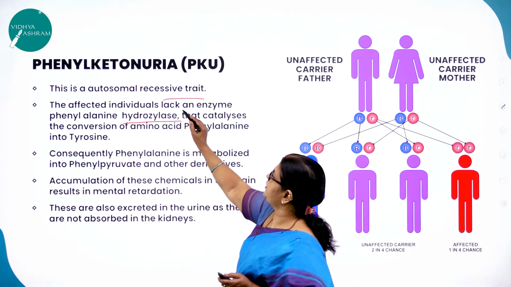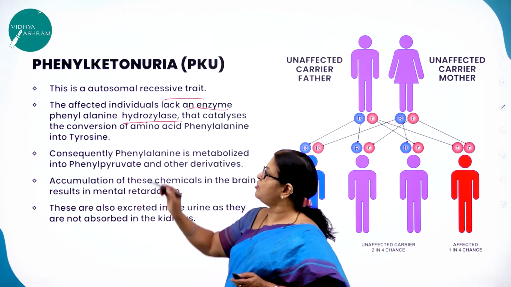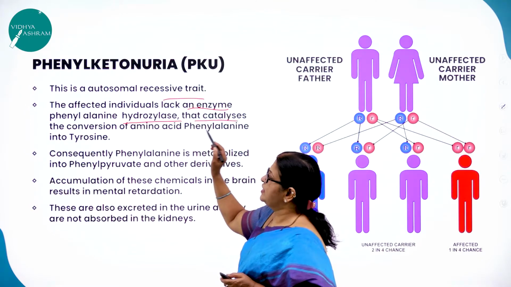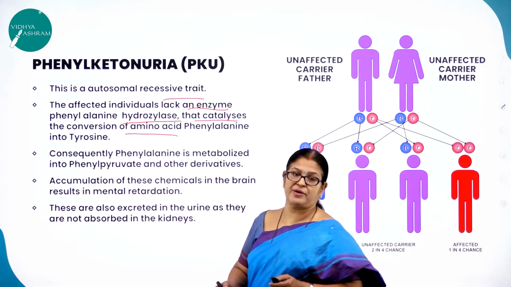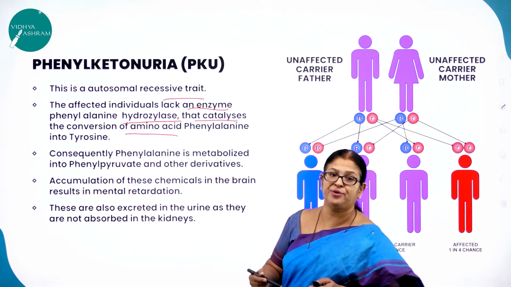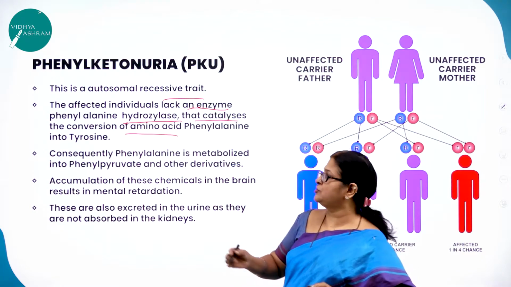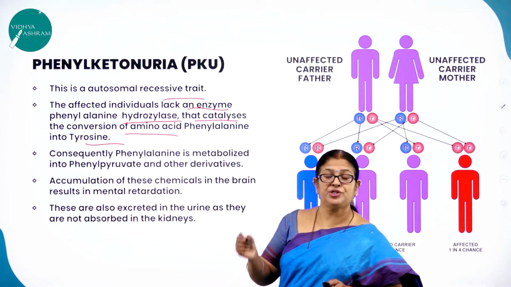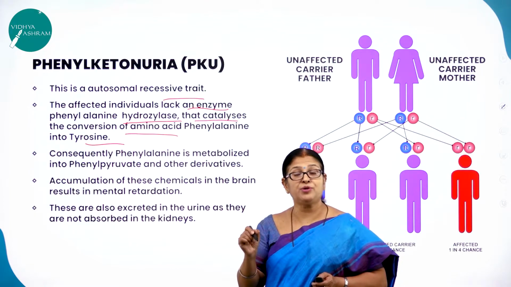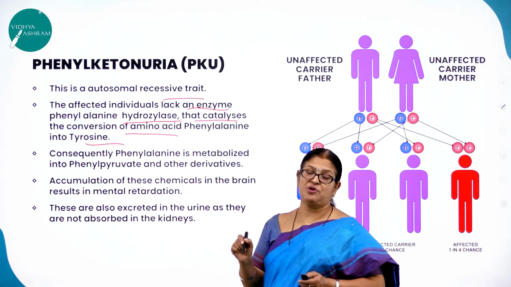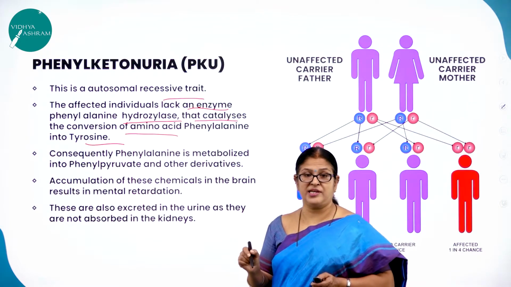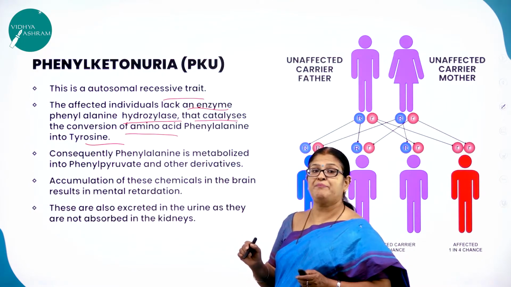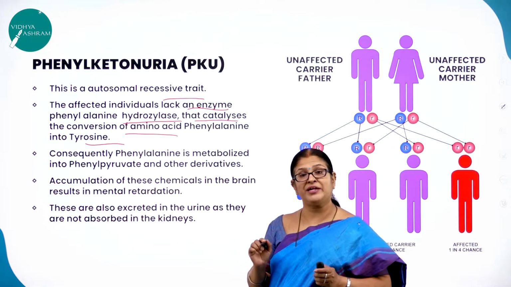So the affected individuals lack an enzyme called phenylalanine hydroxylase that catalyzes the conversion of an amino acid called phenylalanine into a substance that is found in food called tyrosine. So due to the lack of phenylalanine hydroxylase, what will happen? Phenylalanine is not metabolized.